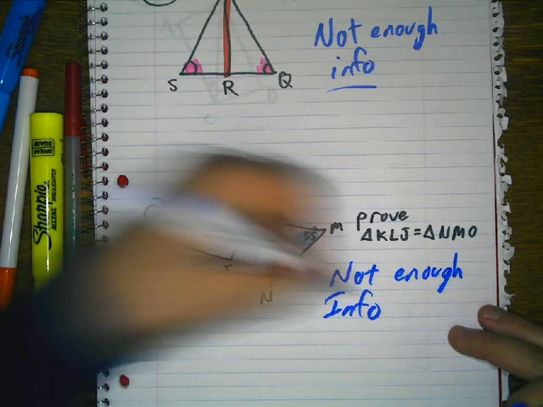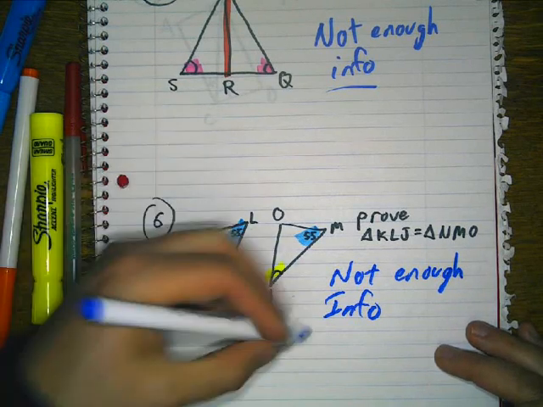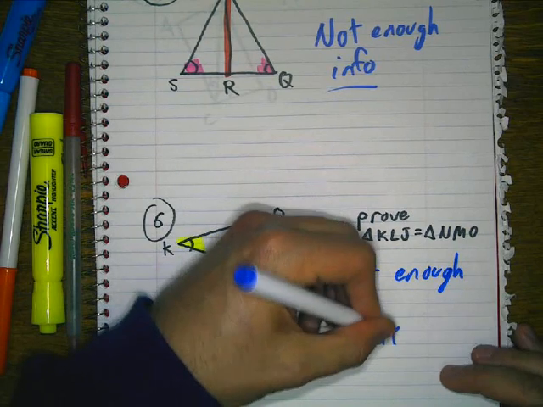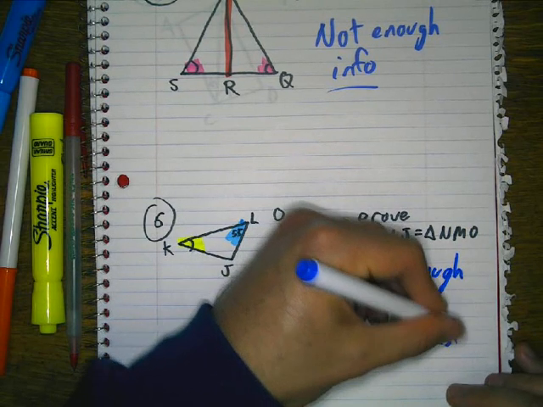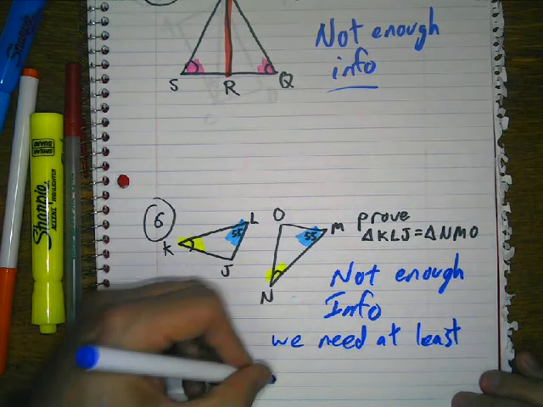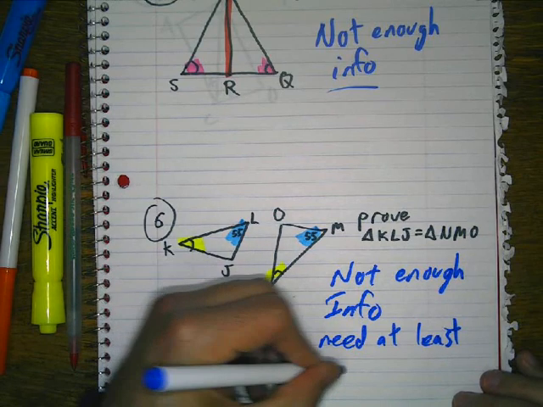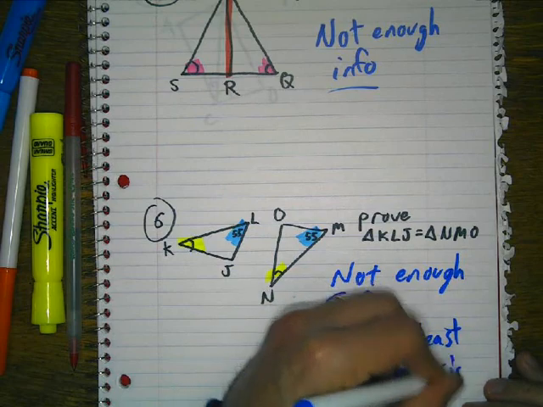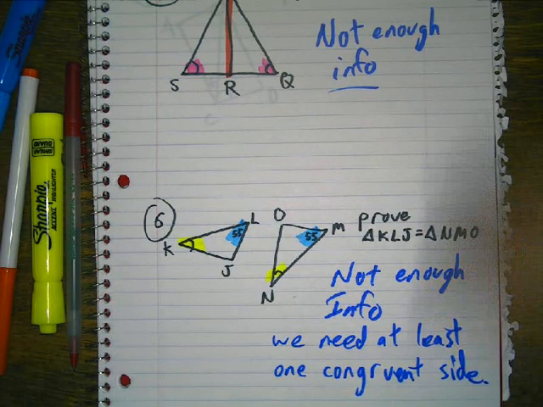We need to know at least one congruent side. Okay, last question.